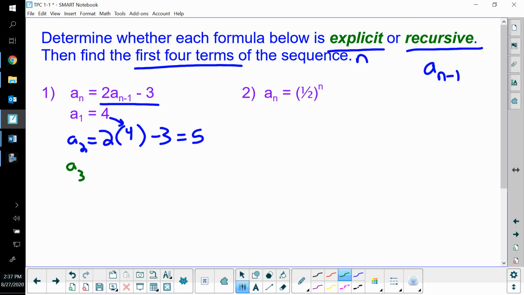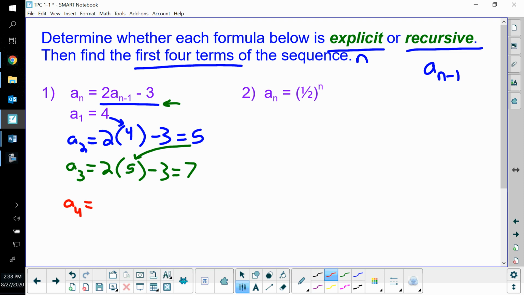Now let's try a sub 3. Again, our formula here is 2 times the previous term minus 3. We'll just take your previous term and fill it in. So we're doing 2 times 5 minus 3. That would be 10 minus 3, which is 7. And they want us to go up to the 4th term.